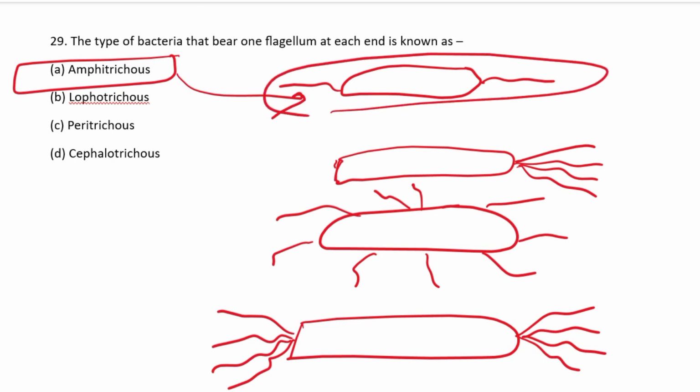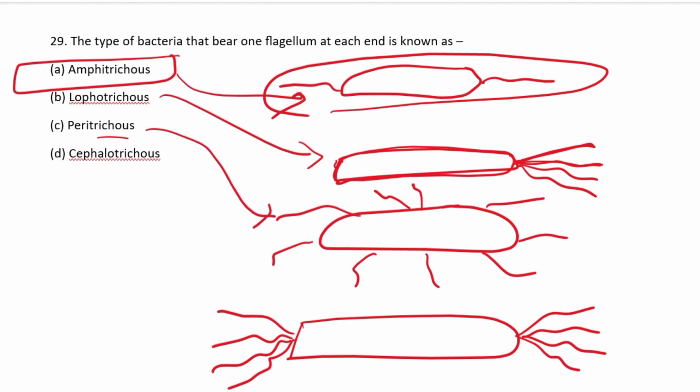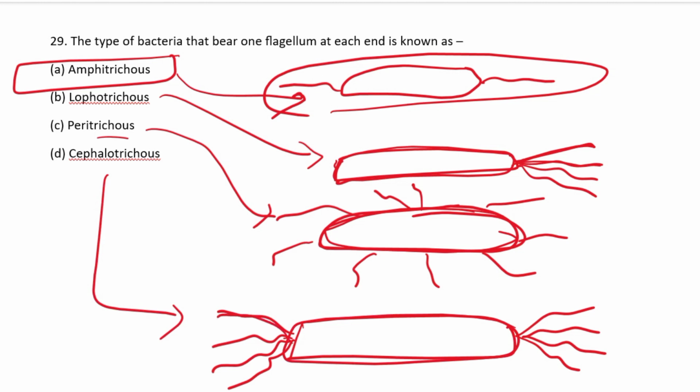And whereas lophotrichous, this is for the lophotrichous, and in lophotrichous at one end multiple flagella are present. Then in peritrichous, flagella are present all over the surface of the bacteria, and in cephalotrichous, multiple flagella are present on both the ends, opposite ends of the bacteria.